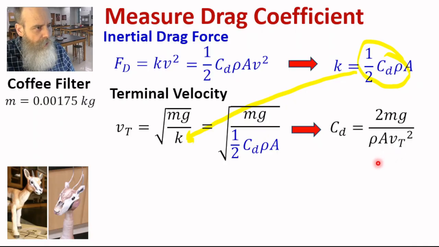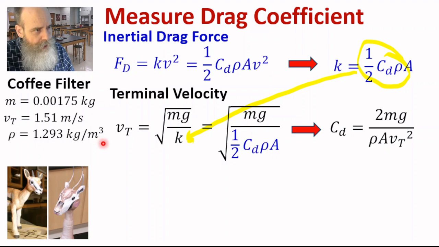For the coffee filter, m was 0.00175 kilograms. Vt, as we measured, was 1.51 meters per second. The density of air is 1.293 kilograms per meter cubed. And the radius of the cross-sectional area of the coffee filter was 0.075 meters.